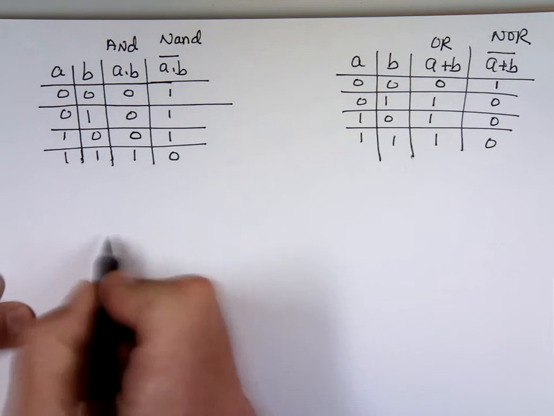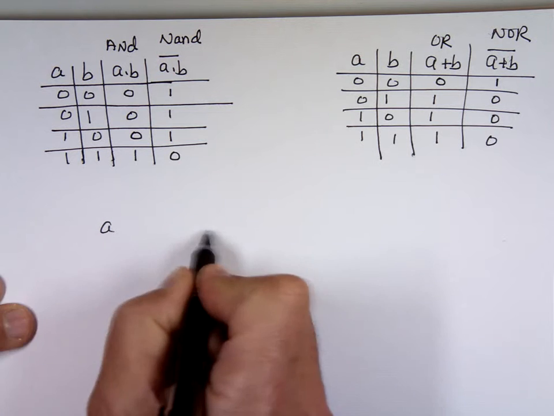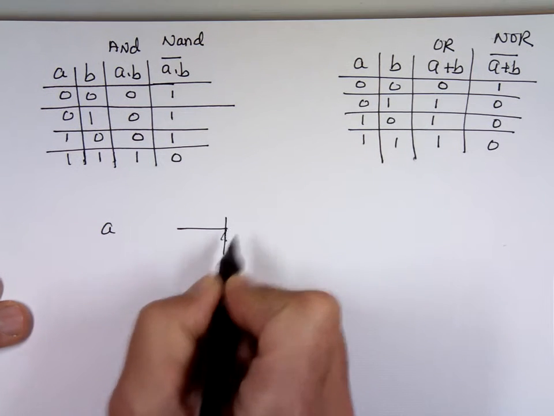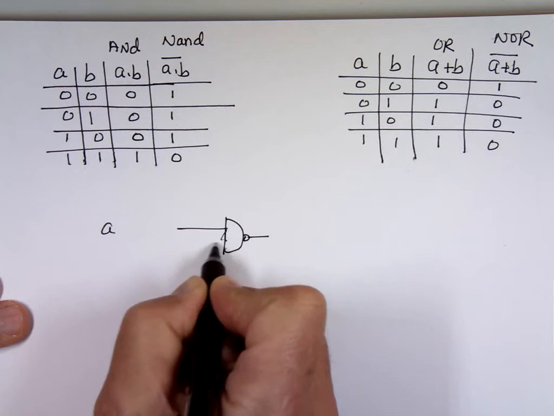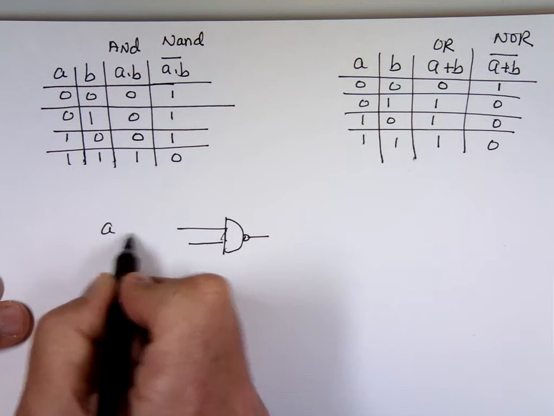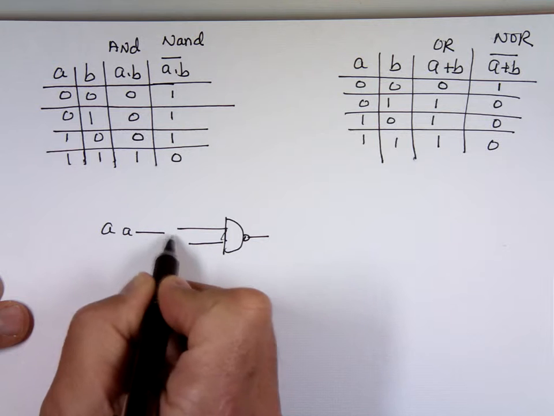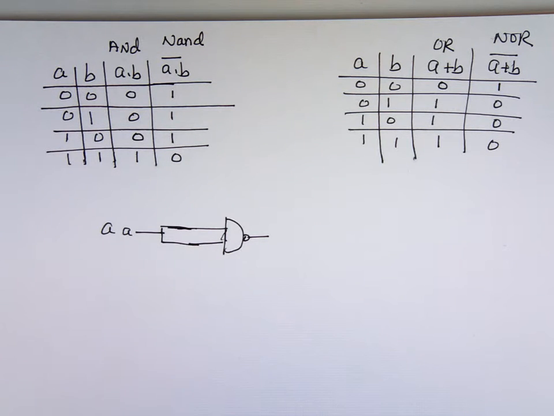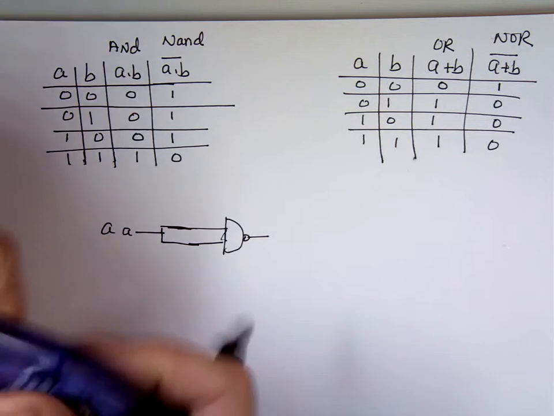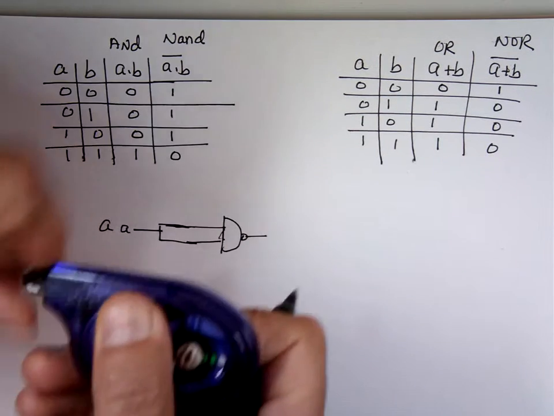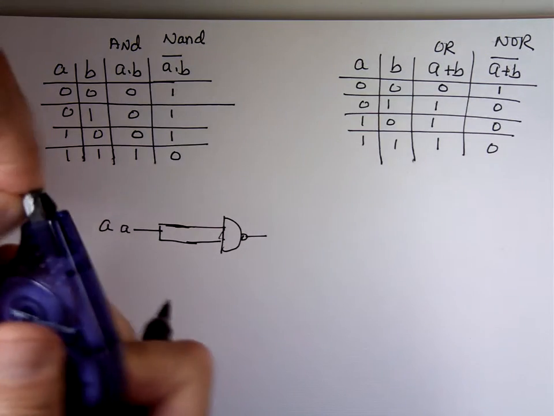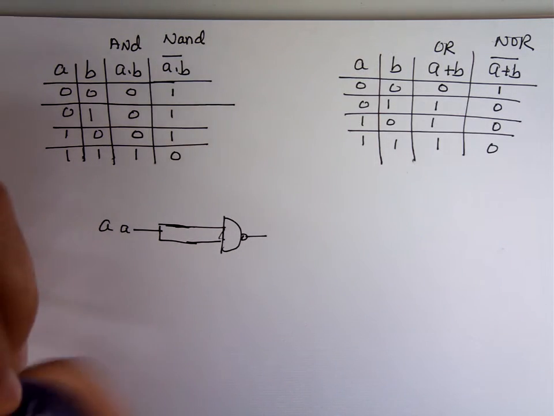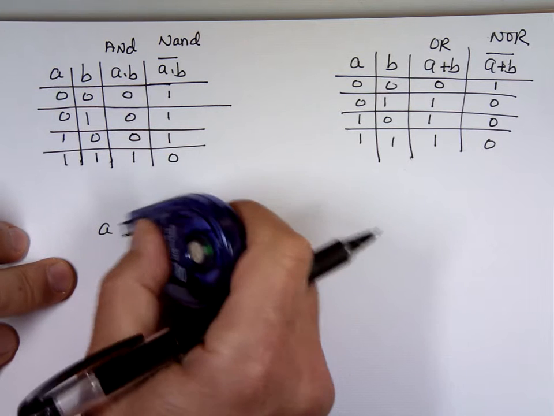What will happen if I take a 2-input NAND gate, and I have an A coming to it, attached to both inputs. I don't know why I wrote the A twice. This is horrible. There we go.